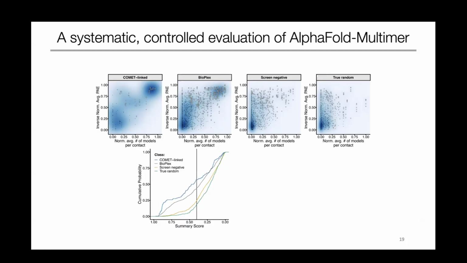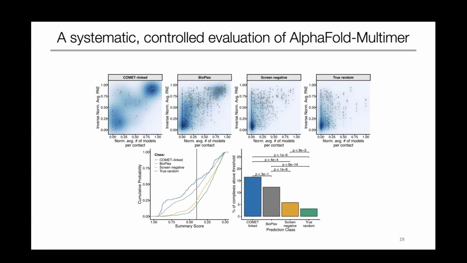On this plot, we draw this line, I think it was at maybe 0.45, and we keep all the predictions to the left of that. When we look at what survives this threshold, it's interesting. These comet-linked pairs seem to even outperform the bioplex data set, which I wasn't really expecting. And both the comet-linked set and the bioplex set outperform the screen negative and the true random prediction classes.